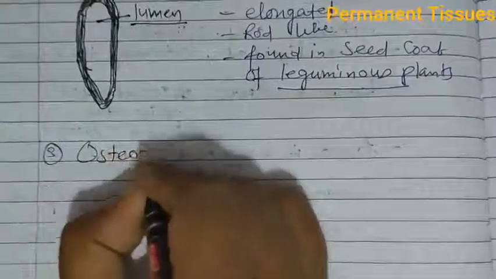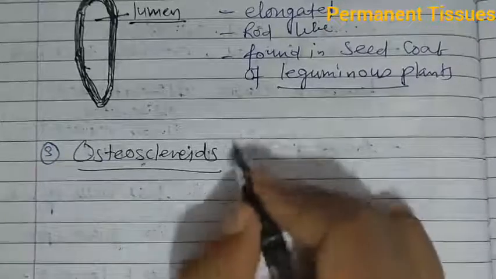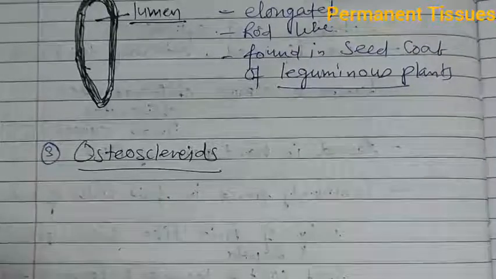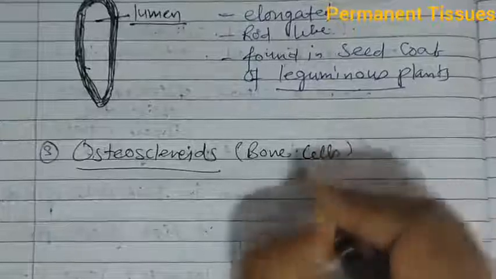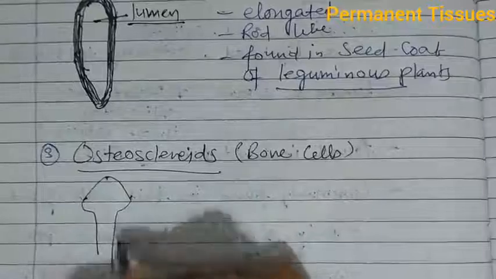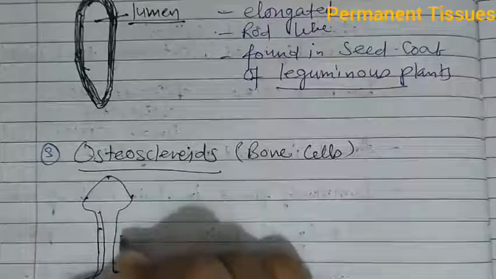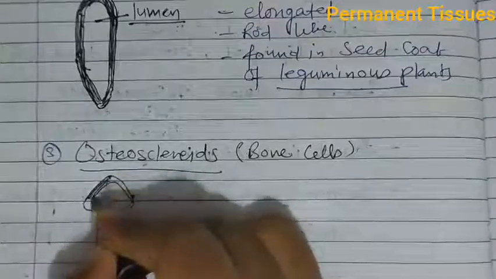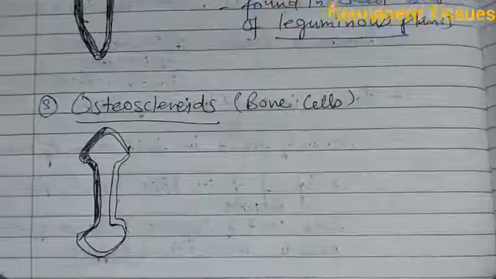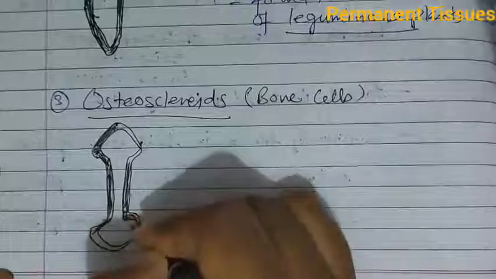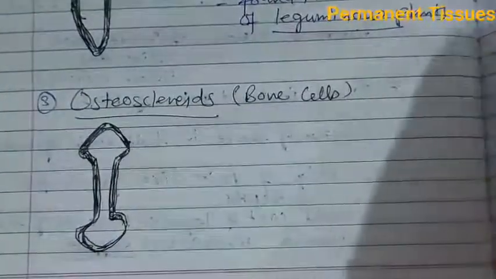Next, the third type is osteosclereids. Osteo stands for bone, so they are named bone-shaped cells. They look something like this.